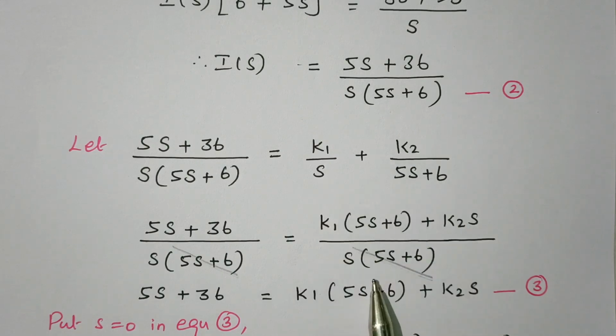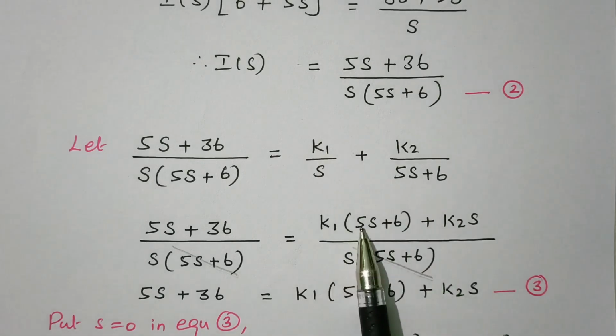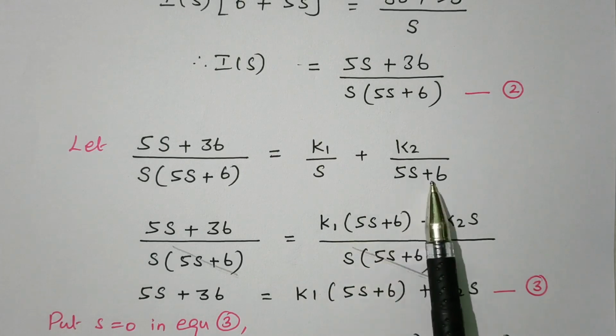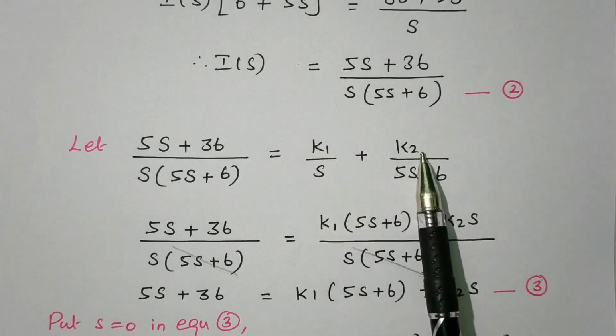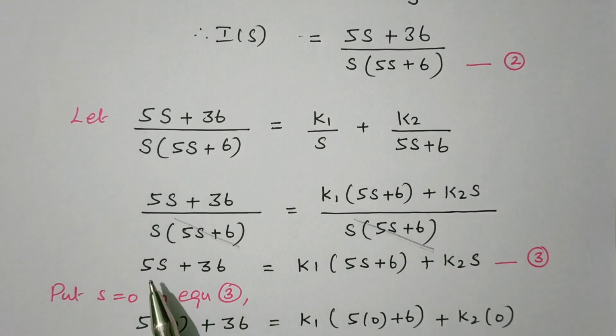I will take the LCM, s into 5s plus 6. Here only s is there, so it is multiplied by 5s plus 6. Here 5s plus 6 is there, so it is multiplied by s. On both sides this term is available, so it gets cancelled. So what is available here? 5s plus 36 equals k1 into 5s plus 6 plus k2 into s.